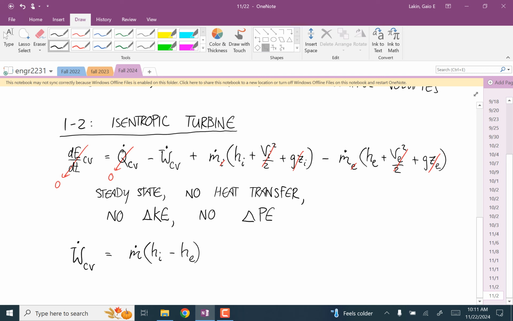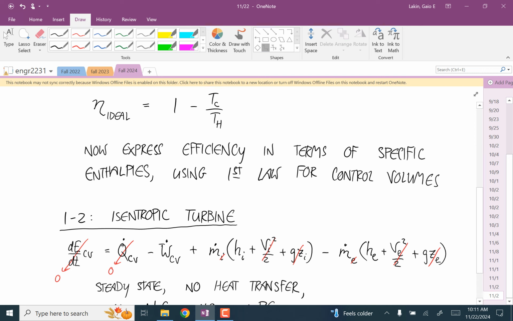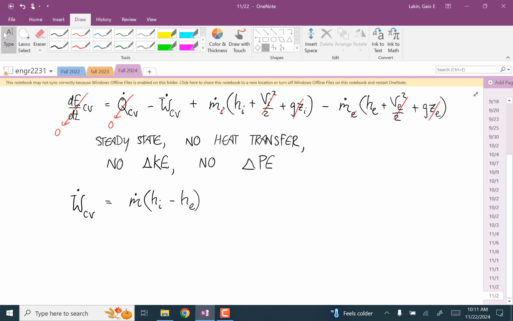Okay. And now we're going to think about what all this stuff is. So this W dot is the work done by the turbine. Since we're coming from the first law, the sign convention that we're using in both of these two equations is the first law sign convention.